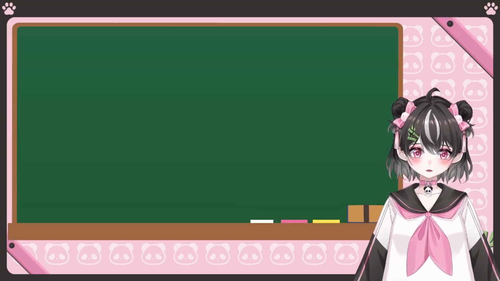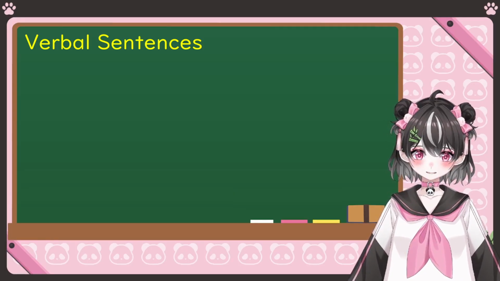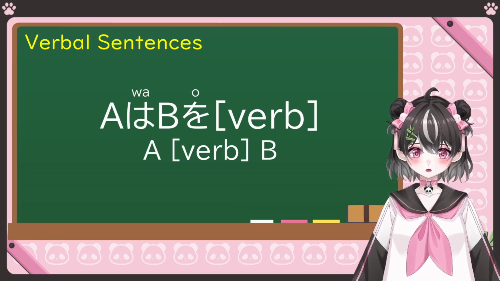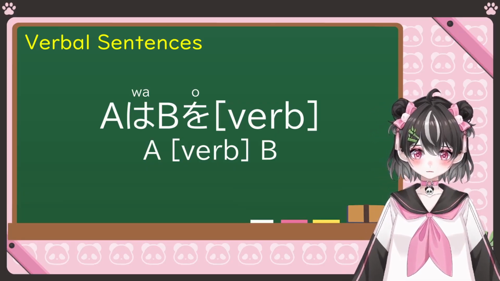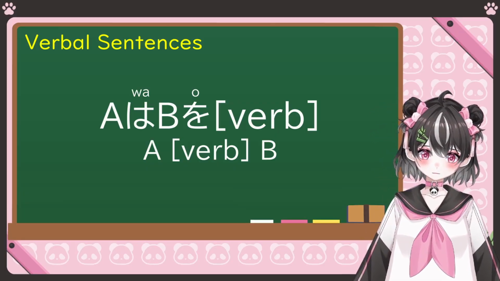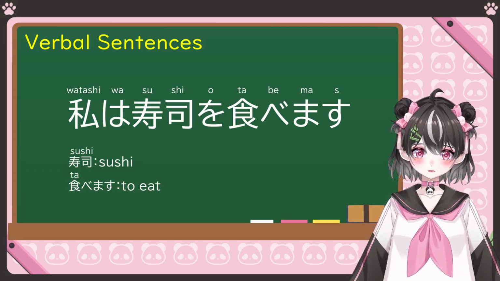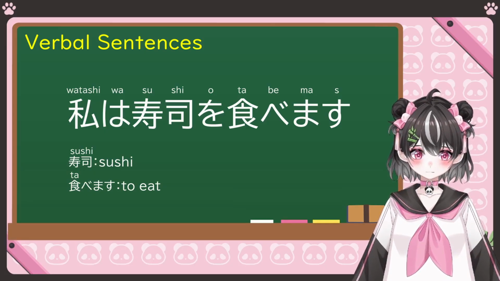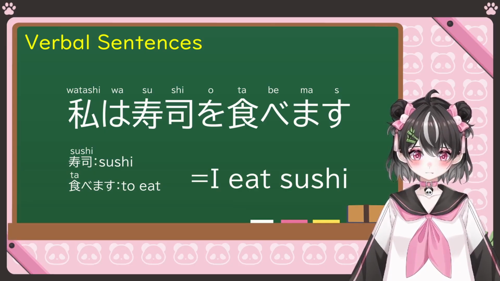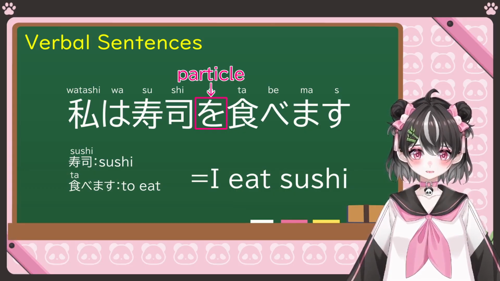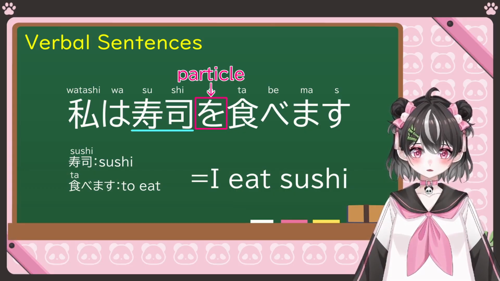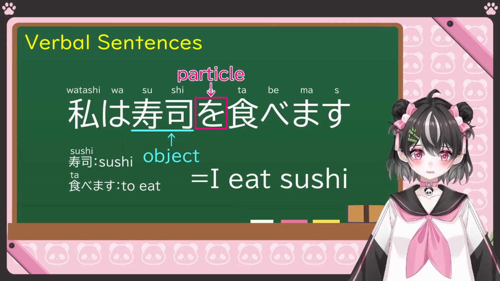Alright, next up, verbal sentences. A は B を verb. This form. For example, 私は寿司を食べます. I eat sushi. を is also a particle, and it indicates that the word before it is the object of the verb.